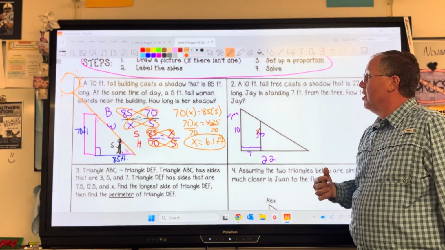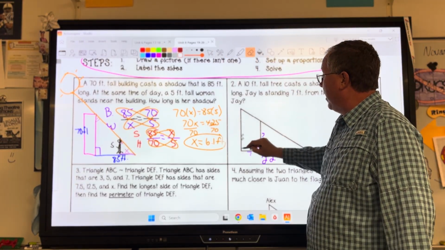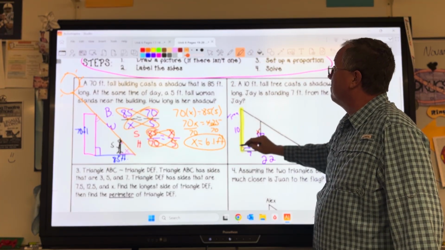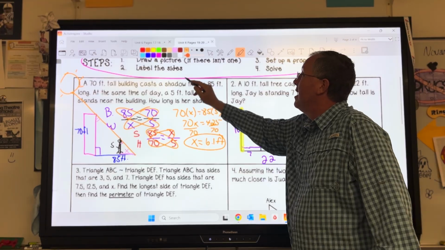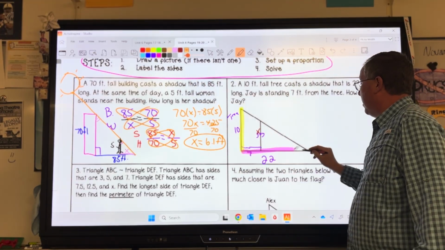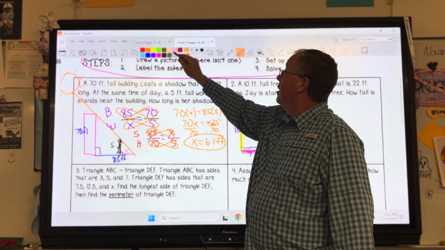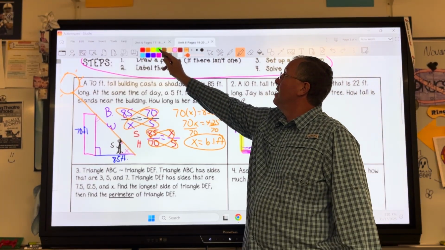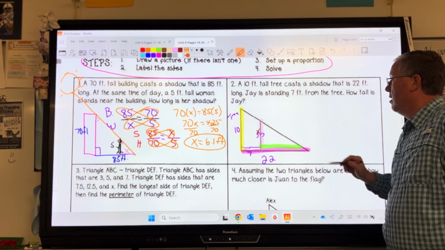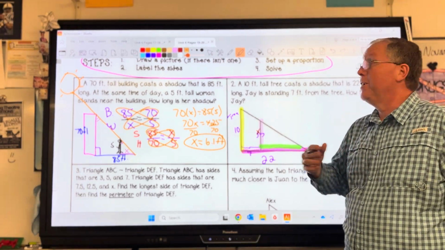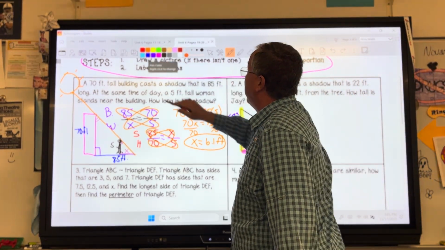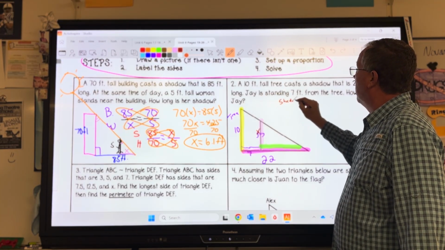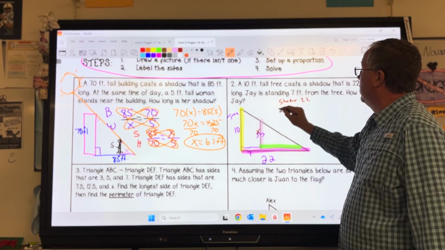How tall is J? Well, we're looking for this measurement right here. If you look, we have shadow of tree, height of tree, and what we're looking for is the height of J. Well, that means I need the shadow of J. Do we know that? Well, actually we do. The tree shadow was 22.